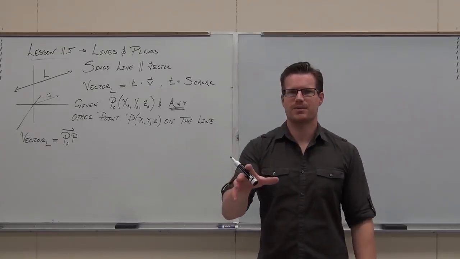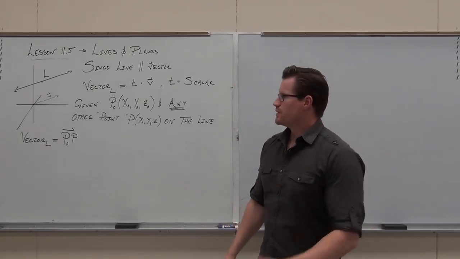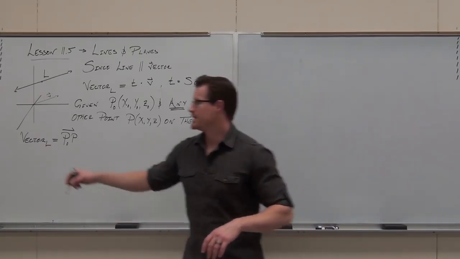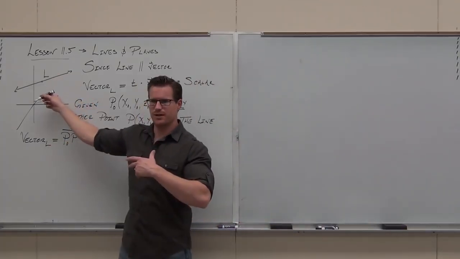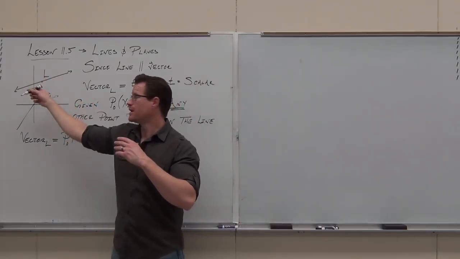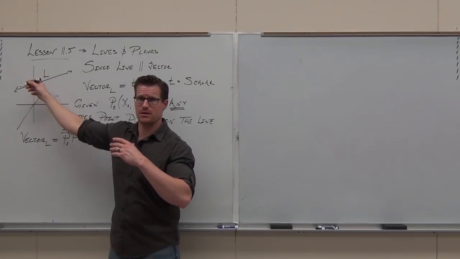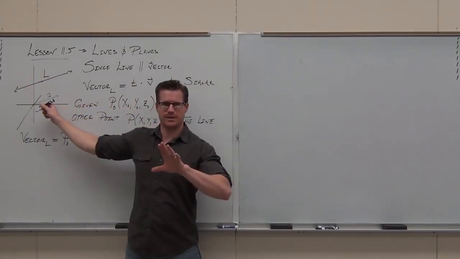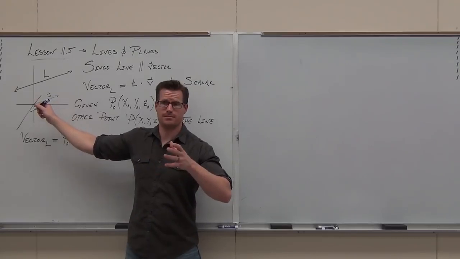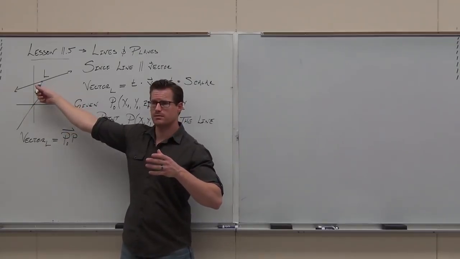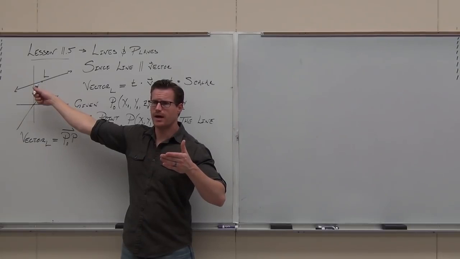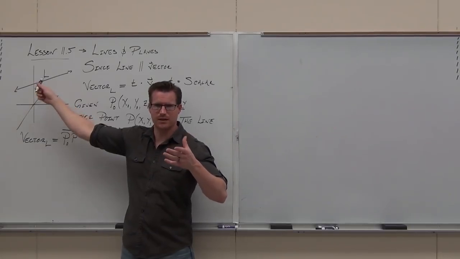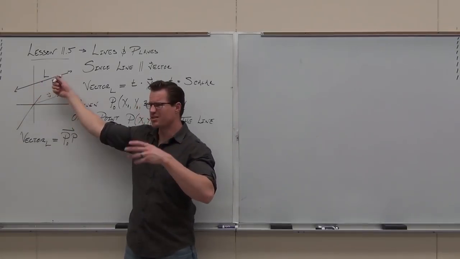We do a 20-second recap because then it's pure algebra. We already talked about it, but you get the idea. This line is parallel to the vector. If it's parallel to the vector, any vector on that line is a scalar multiple of the direction vector. More than that, if I give you a point, we can always find the vector of that line between a point and any other one.